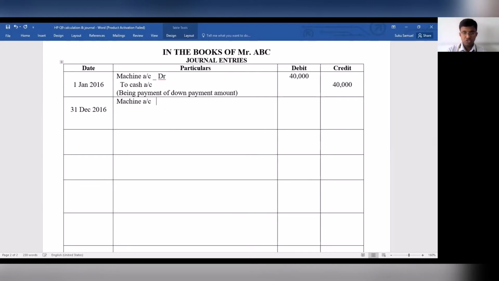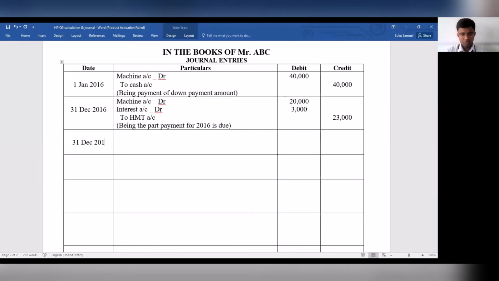So machine account debited 20,000, interest account debited 3,000, to HMT account 23,000. Being the part payment for 2016 is due.